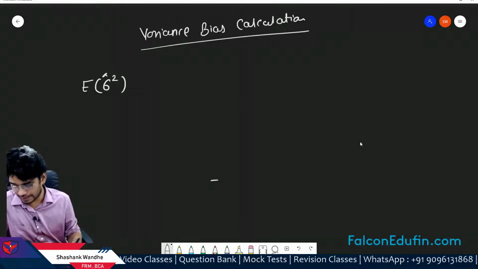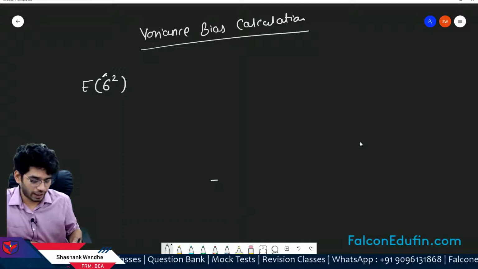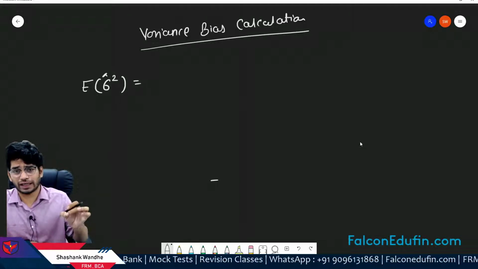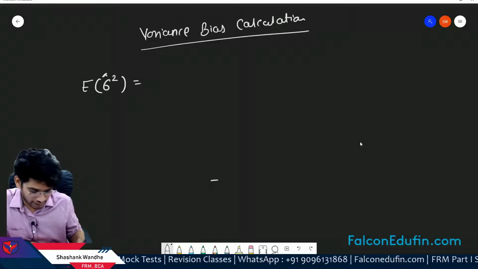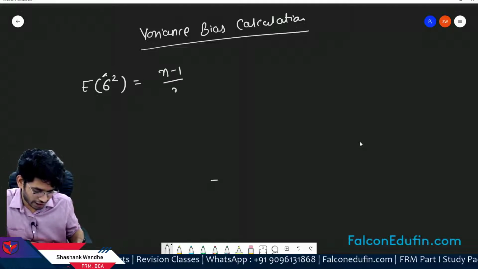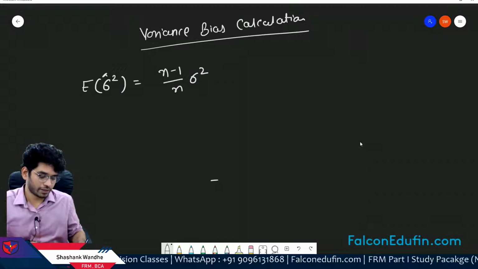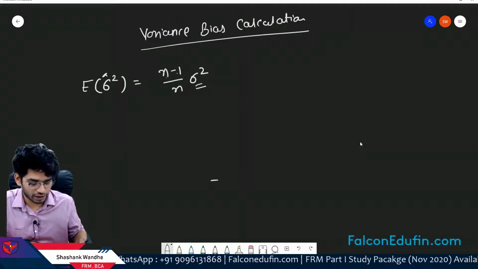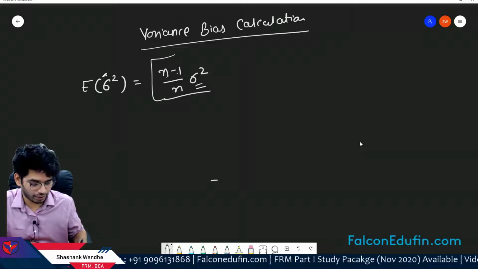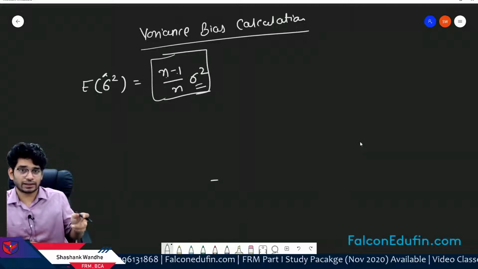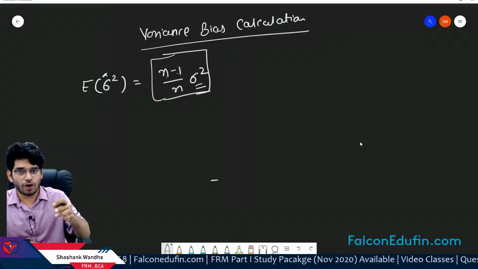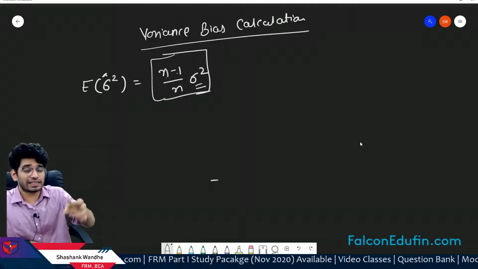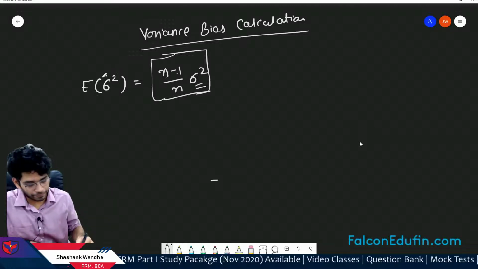Expected value of the variance estimate, and we have the defined rule for calculation of the expected value of the variance estimate, and this is your n minus 1 divided by n into sigma square. So you have this population variance, and if you multiply n minus 1 divided by n, if you perform this calculation, you will get the estimated variance of your sample set.